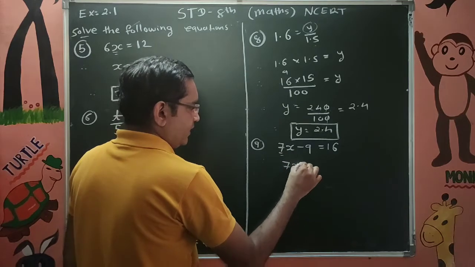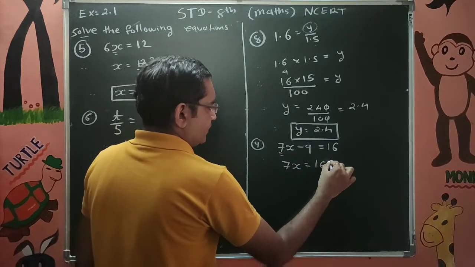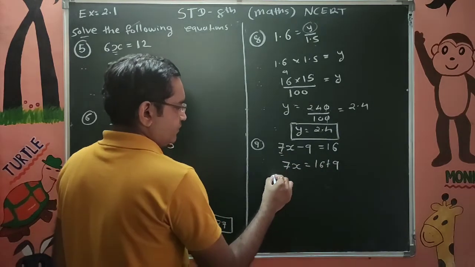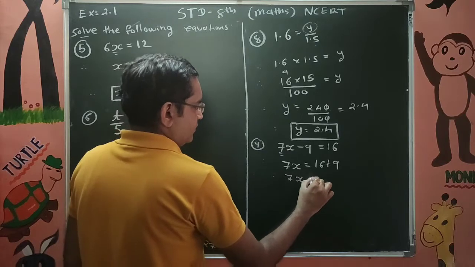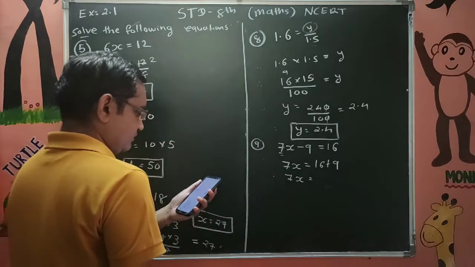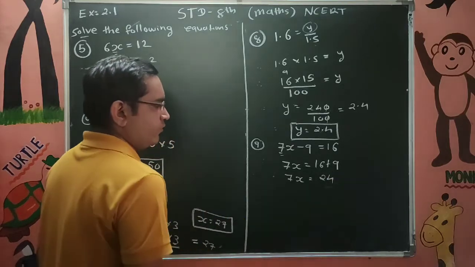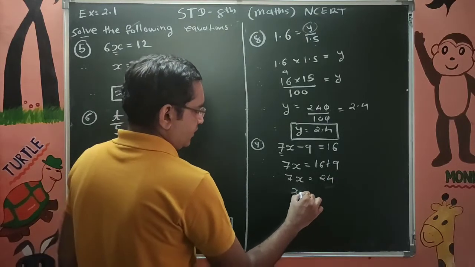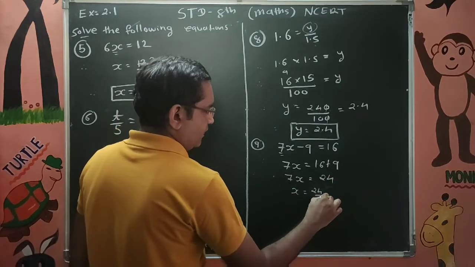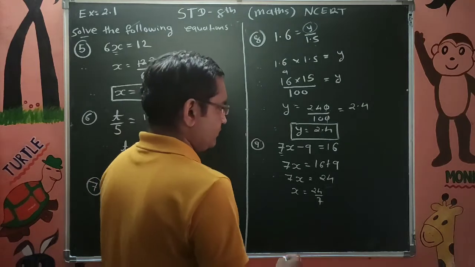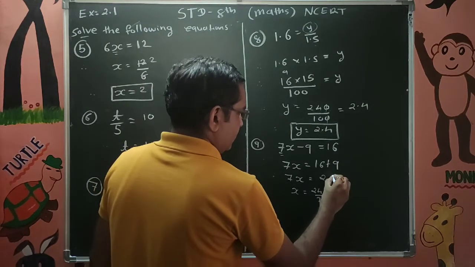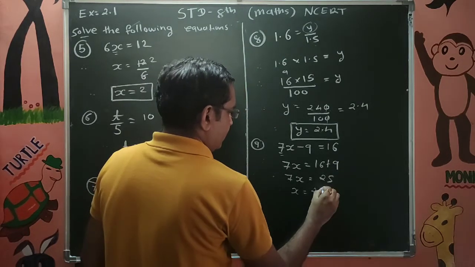So therefore we can write 7x equal to 16 plus 9. Therefore 7x equal to 16 plus 9 equal to 25, and therefore x equal to 25 by 7.